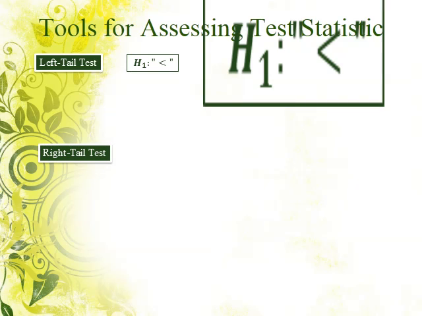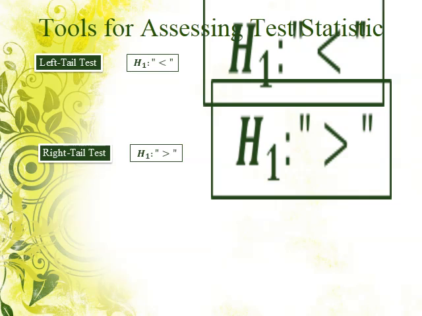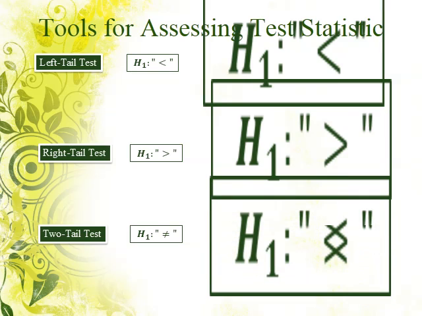Otherwise, we might be dealing with a right tail test, and this, of course, is if our alternative hypothesis has a greater than symbol in it. And lastly, we're going to be dealing with a two-tail test if we have the not equal sign in our alternative hypothesis.